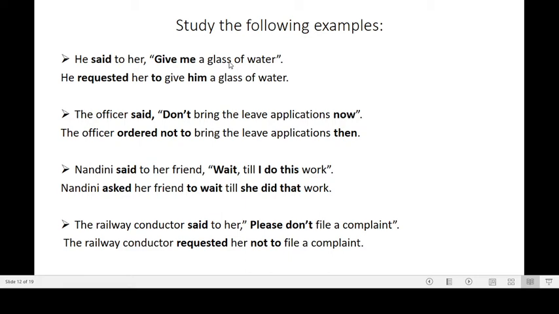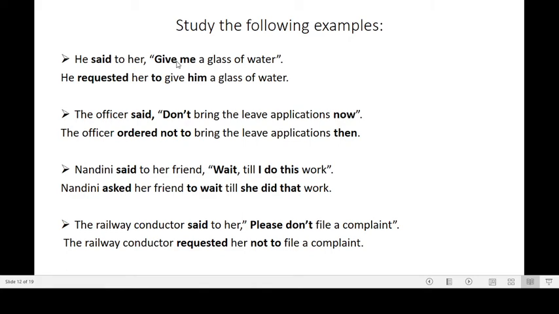Whenever you change a sentence into indirect speech, first you have to look at the type of sentence. You should see whether it is an assertive sentence, an interrogative sentence or an imperative sentence, and according to the type of sentence, you have to change it into indirect speech with the suitable reporting verb.